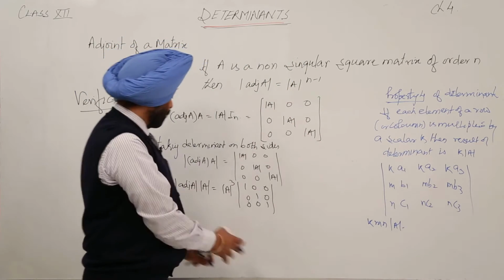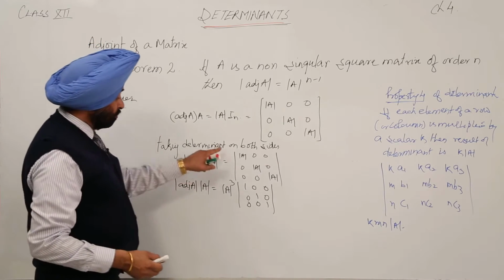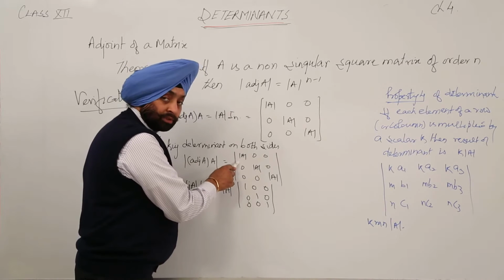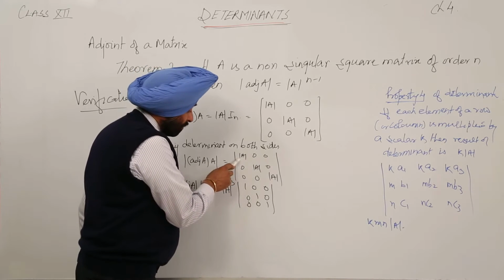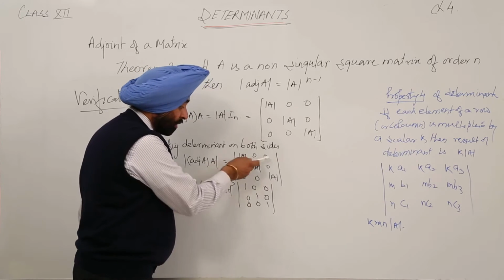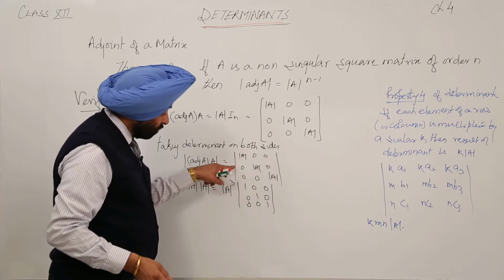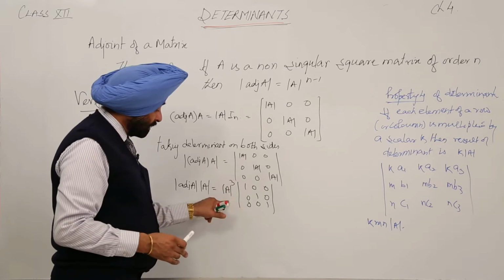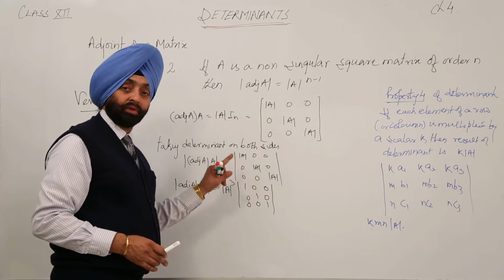So this part we have used here. Now this being a determinant A, it is taken first from R1, then from R2 and then from R3. Okay, so that's why it is written determinant of A raised to power 3.